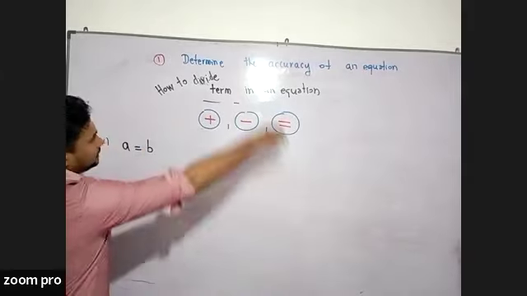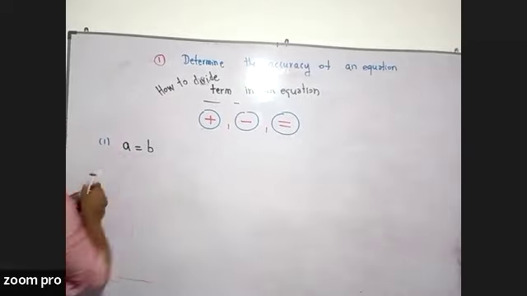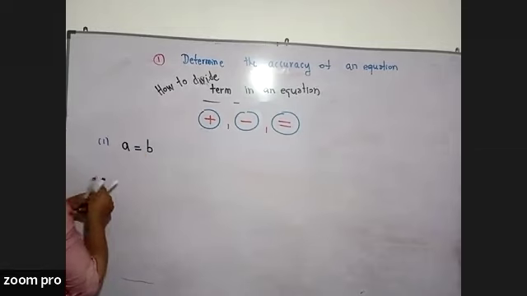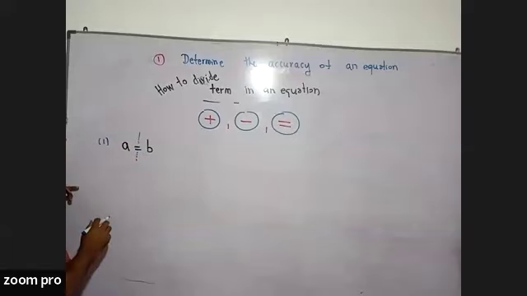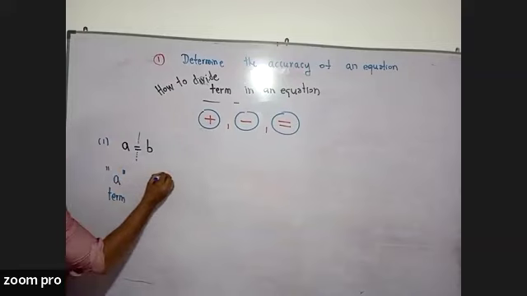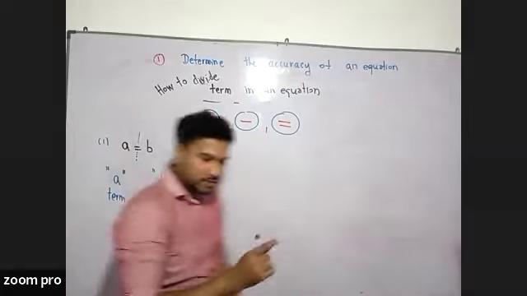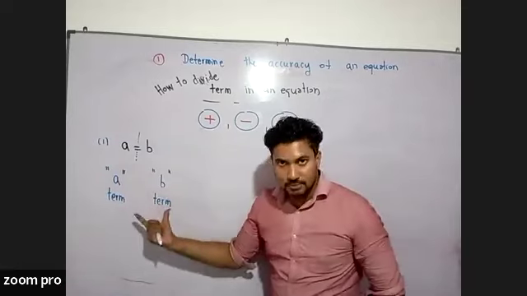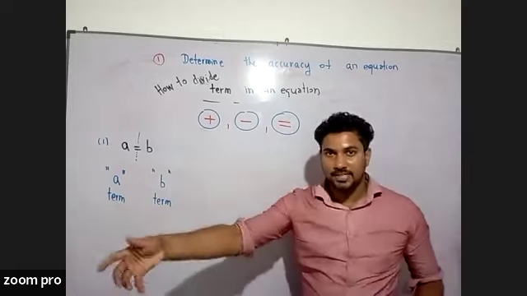As I mentioned earlier, the division of terms in a given equation can be done using these three signs, right? Okay, here we have an equal sign. So just draw a line which separates this equation from this point. That means there are two terms: A is a term, and we can consider B as another term. So in this equation, there are two terms, isn't it? So this is the way that we divide the equation into terms, right?